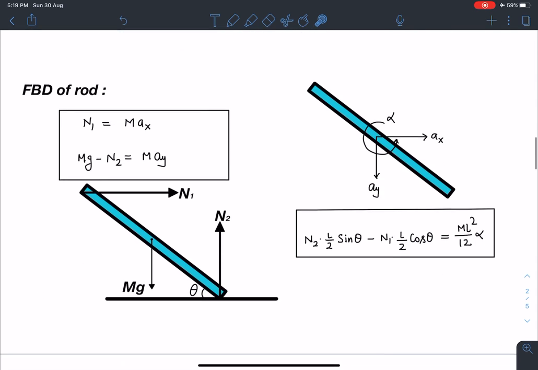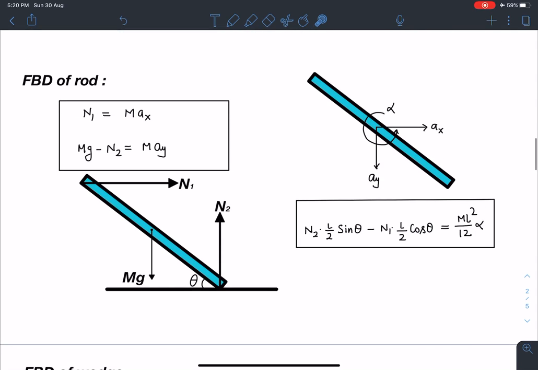If we draw the free body diagram of this rod, the forces acting on it are the normal reaction N2 from the ground, the normal reaction from the wedge, and the weight mg. Now this rod is in combined motion, so we don't know exactly how its center of mass will be moving.